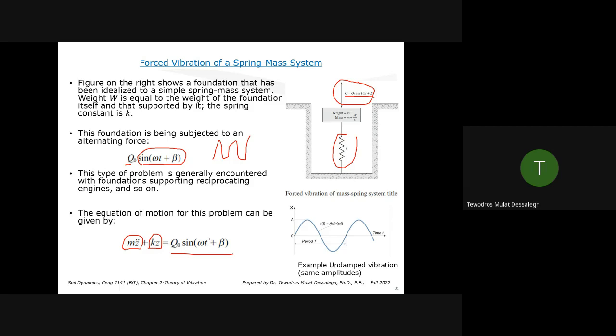How about Fekadu? Are you guys following me? Or anybody, just unmute and answer the question, or try to answer. We'll correct it if somebody makes a mistake.